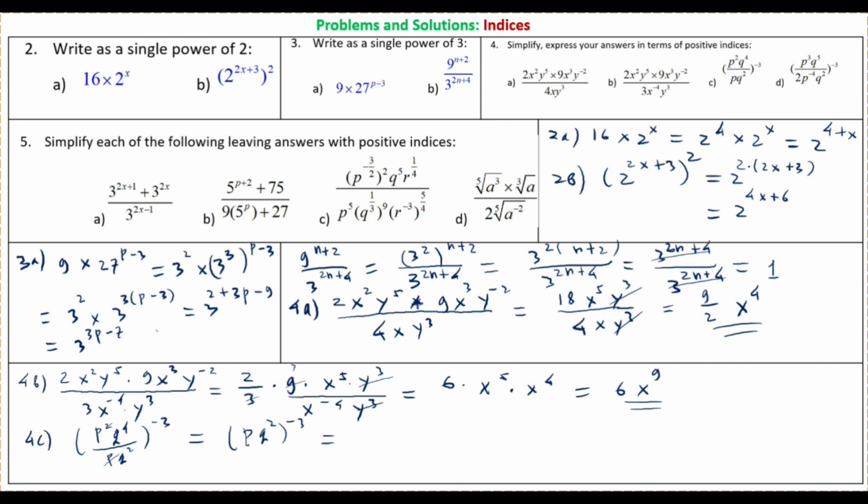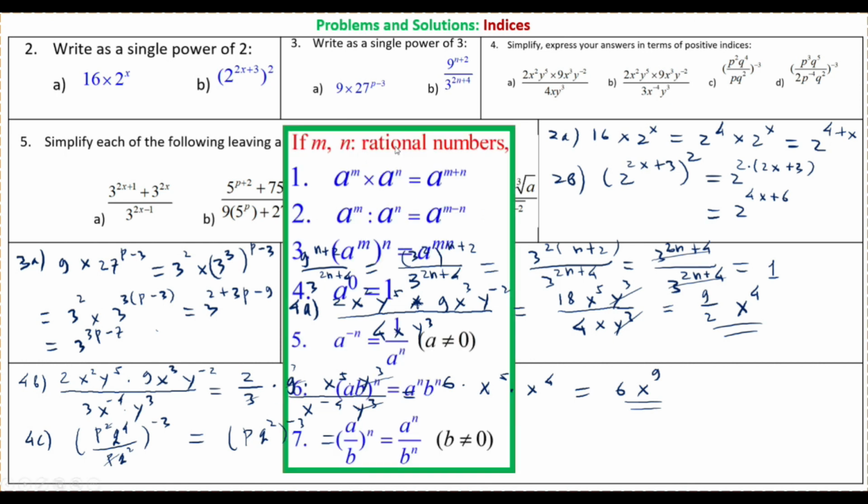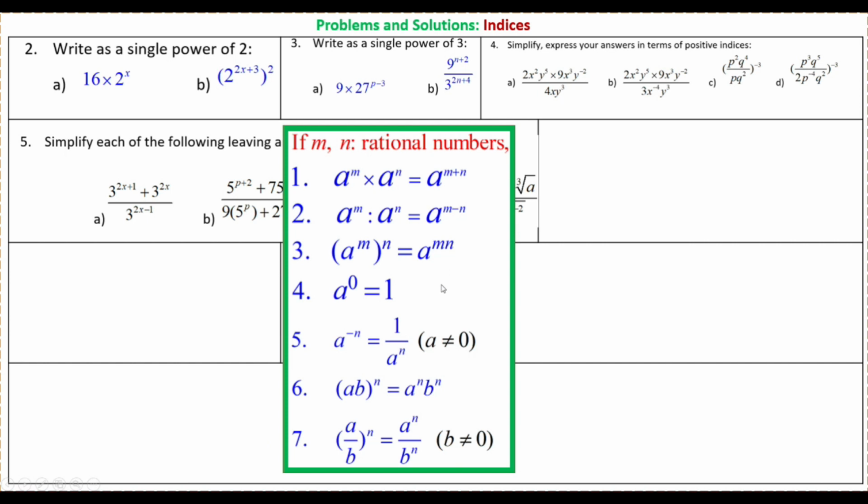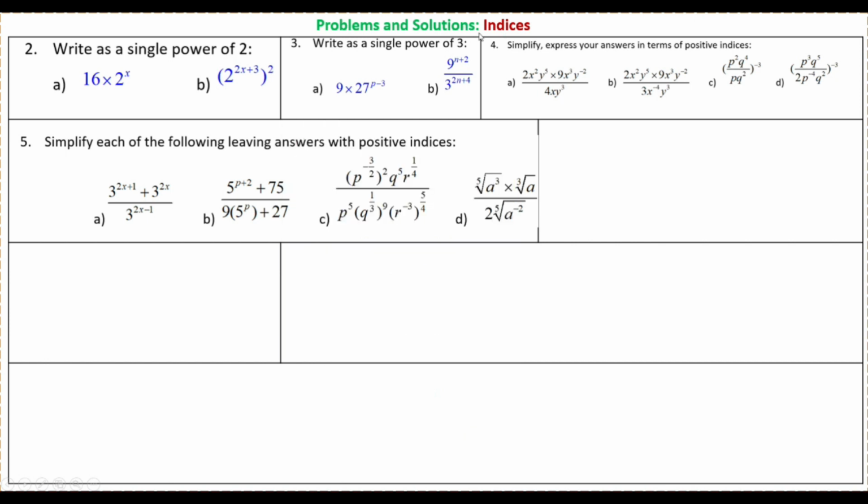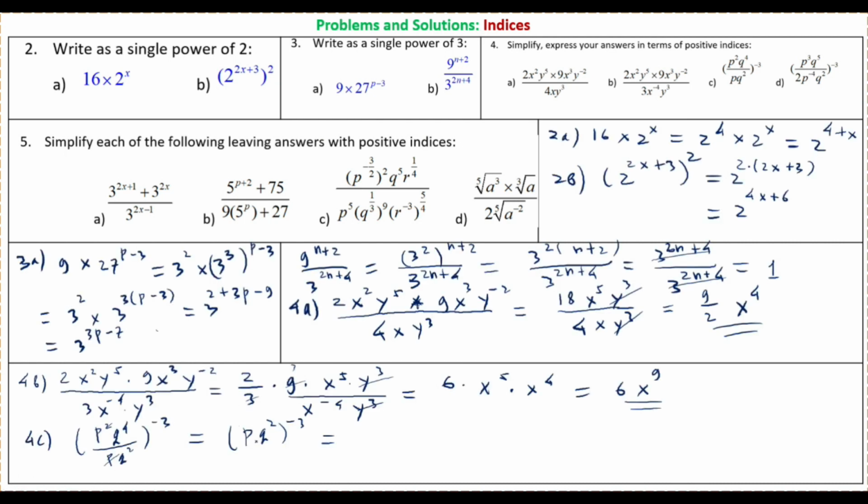So we have here, use the third index law. You've got multiplication of two bases, and then to the power of minus 3. So we work out one by one, as in law number 6. ab to the power of n equals a to the power of n times b to the power of n.